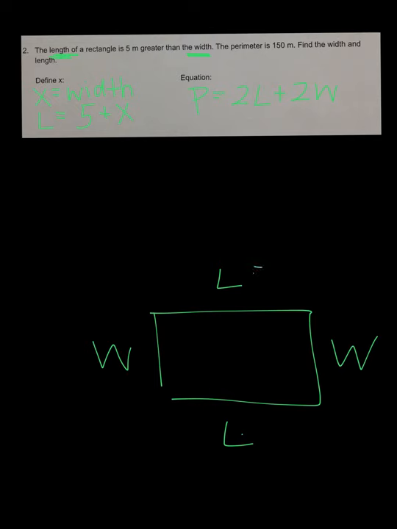The length I know is 5 plus x, and the width I know is x. So if I add all these up, I get that the perimeter, which they told me is 150 meters, is equal to 2 lengths, the length is 5 plus x, and 2 widths, the width is just x.